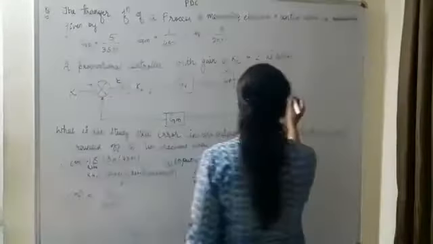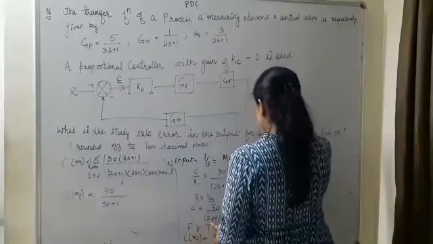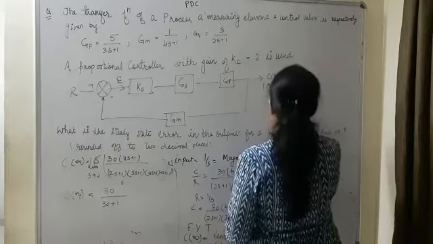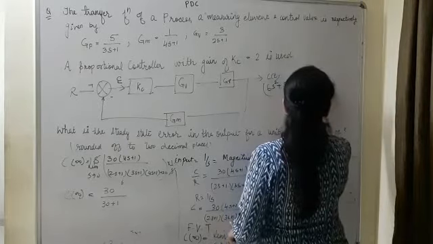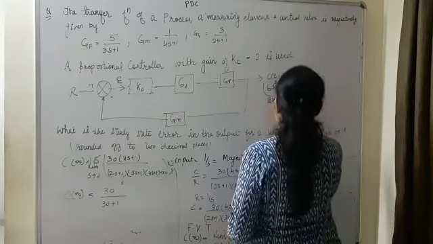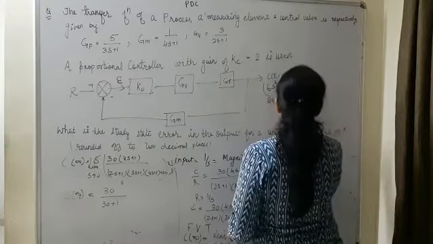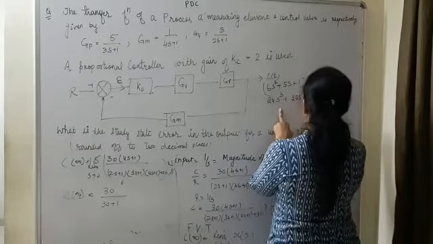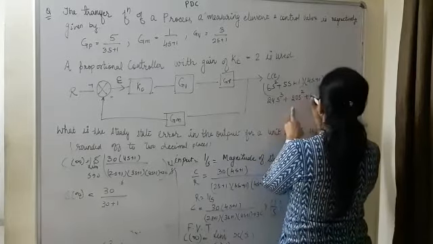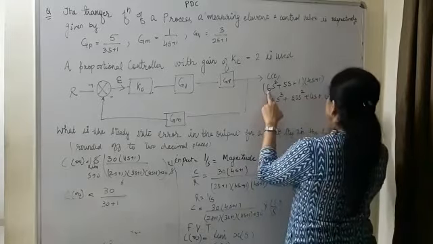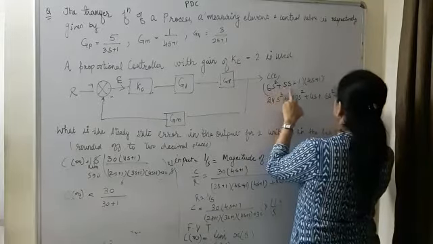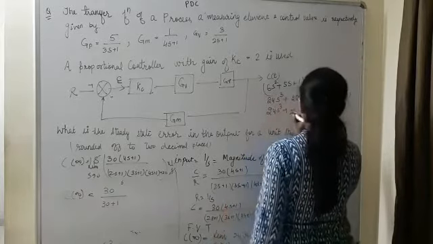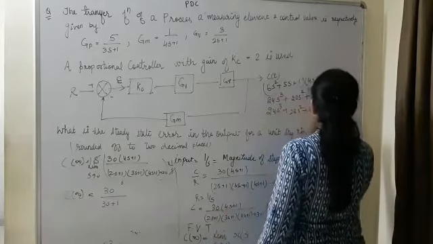So this is what? 6s square plus 5s plus 1, again it is 4s plus 1, then again 24s cube, then 20s square plus 4s plus 6s square plus 5s plus 1. So when you resolve this further, it gives 26s square plus 9s plus 1.